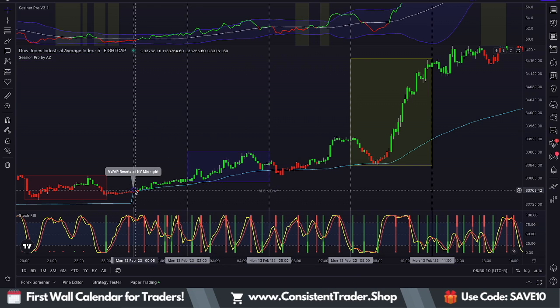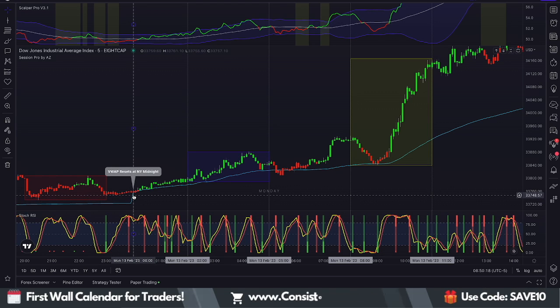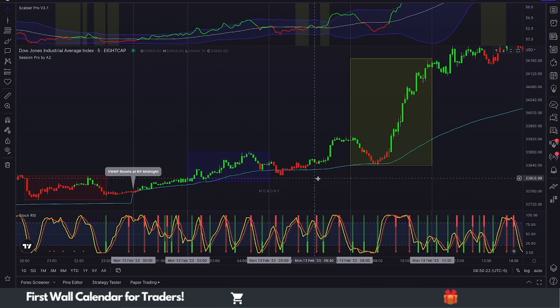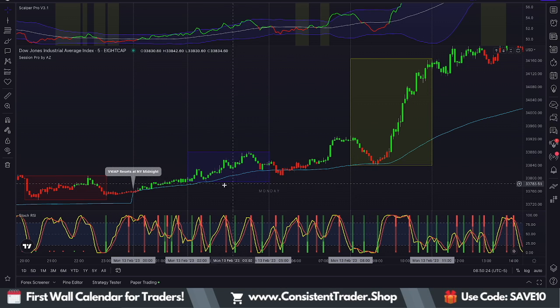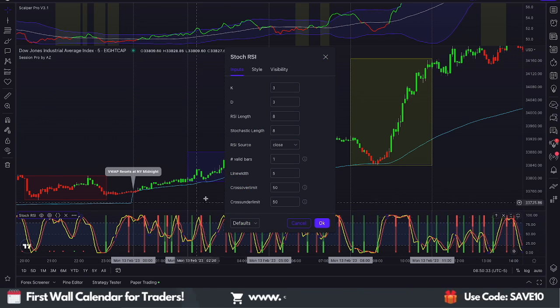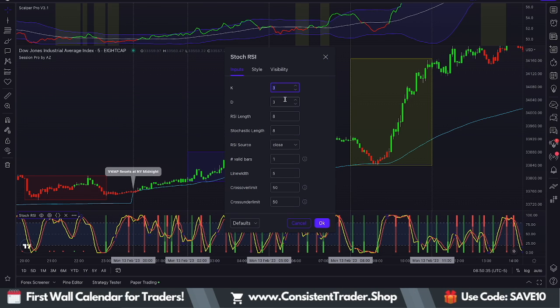The last but not least most important thing is that your VWAP right here resets at New York local time midnight. It's really important. You see how well the support and resistance around the VWAP plays out, but only if we reset it at New York local time midnight. Again, really important here. And for the stochastic RSI, we can go for the basic settings.